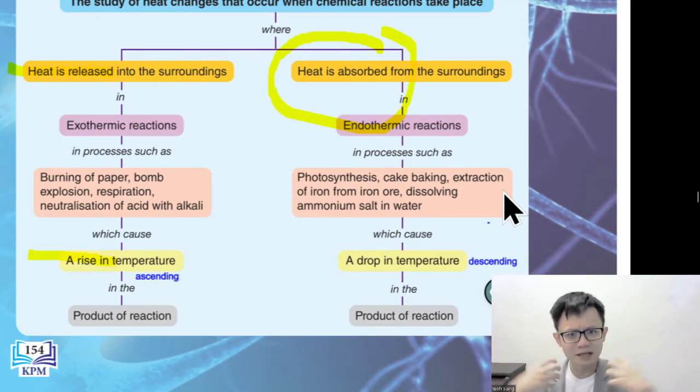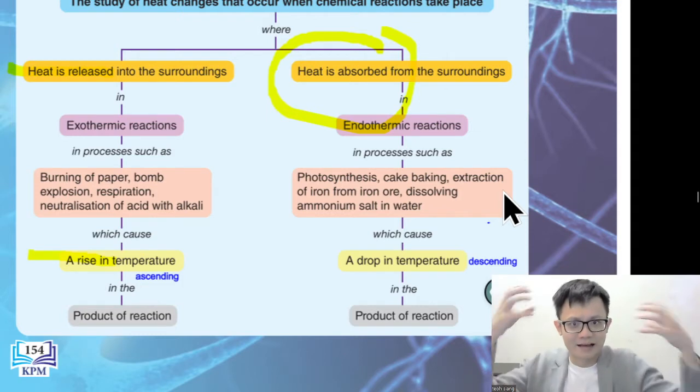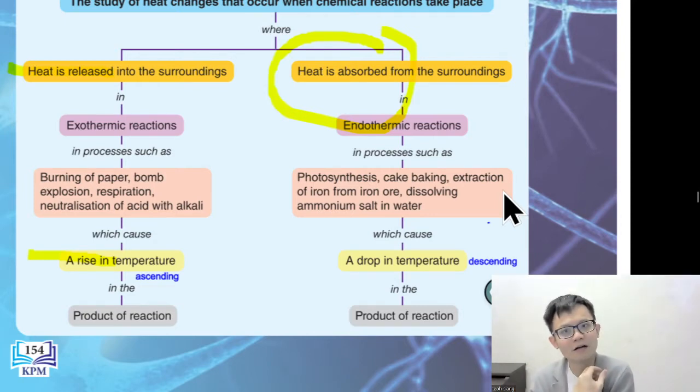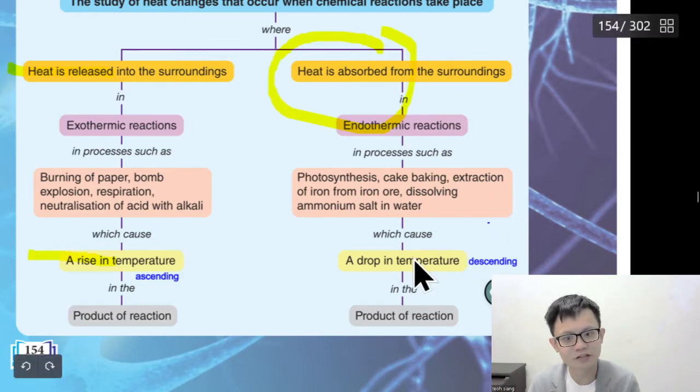If I absorb heat, don't I become hot? Then why is it said that the temperature becomes cold? Because endothermic means it becomes cold. So why is heat absorbed from the surrounding, but the temperature becomes cold?